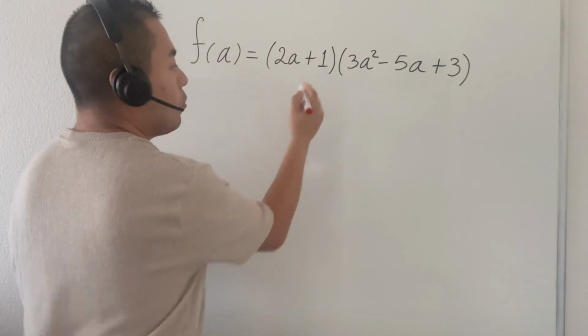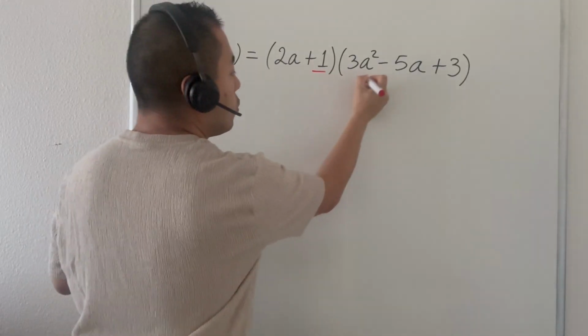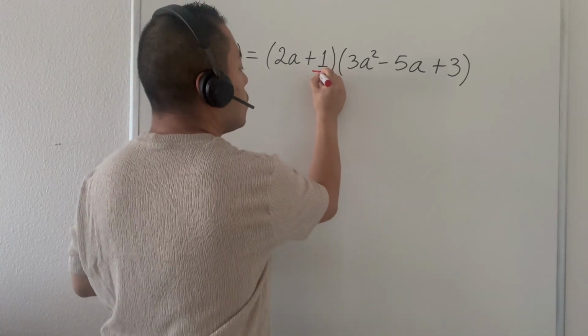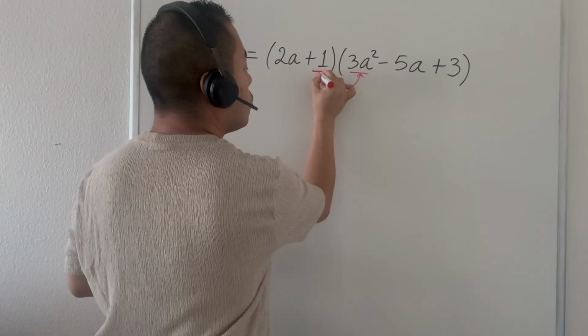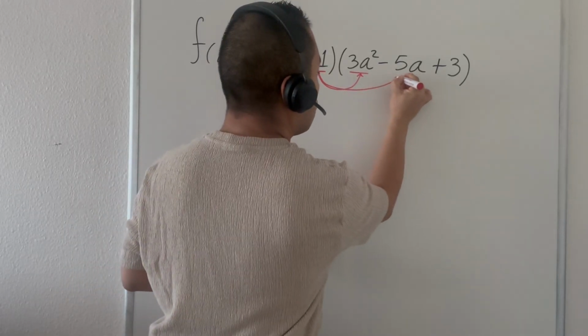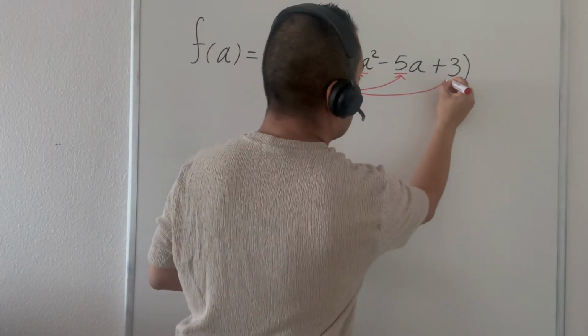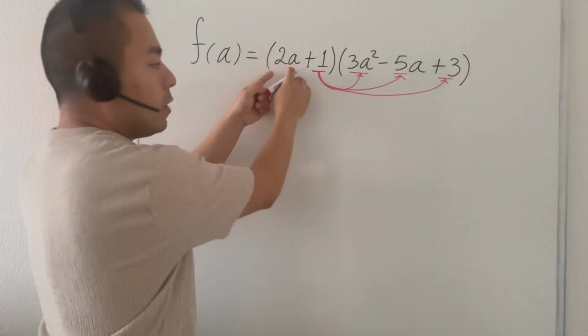For example, if we take the first term here, 1, I need to multiply this one by the 3 terms inside of this other parenthesis. I would say 1 multiplying this, and then the multiplication of this one by this second term, and after that, the multiplication of this one by this third term. And the same I will do with this term, okay?